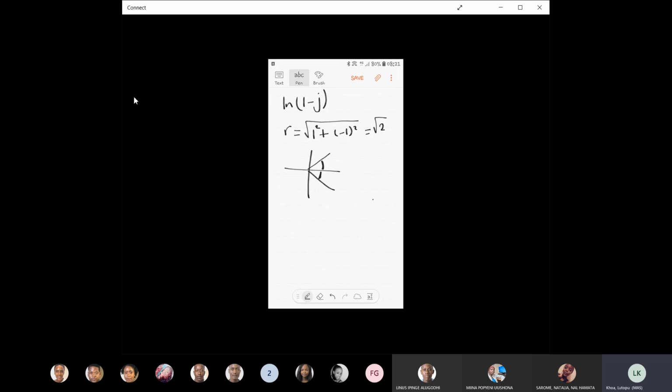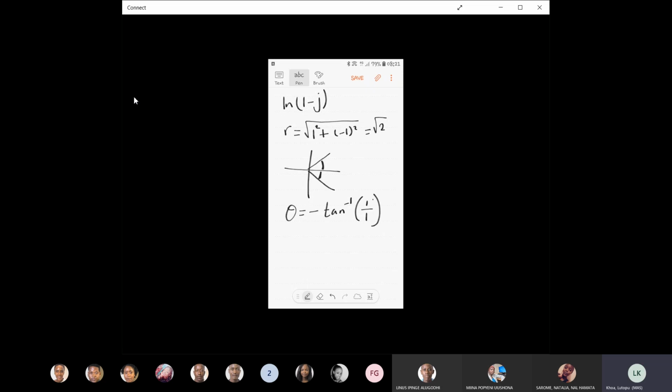Because I can see it's in the fourth quadrant, the principal argument must be measured clockwise. So the value is the same as the reference angle over there. The only difference is that it is negative. So my theta is just going to be negative tan inverse of 1 over 1.